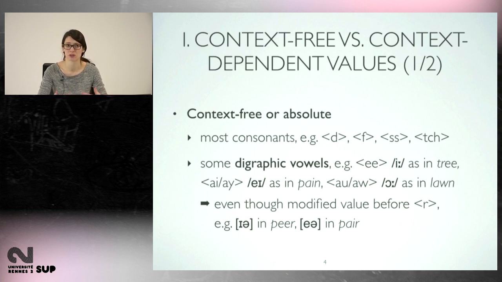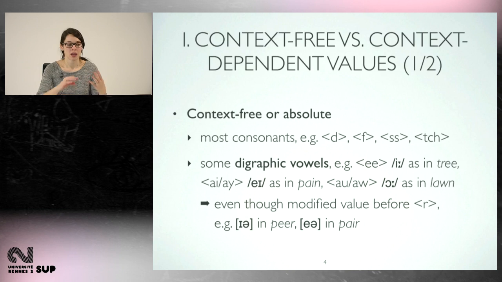But this modification of the pronunciation of the digraph is predictable, because the way the pronunciation of the digraph is influenced by the consonant R follows phonetic and phonological rules, and is not random. You'll see that if you try to think about the way every grapheme, and even every vowel, is influenced by the R consonant, the result is always a tensing of the vowel, whether it be a lengthening of the vowel or a diphthongization of the vowel.